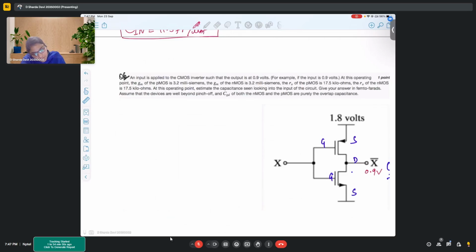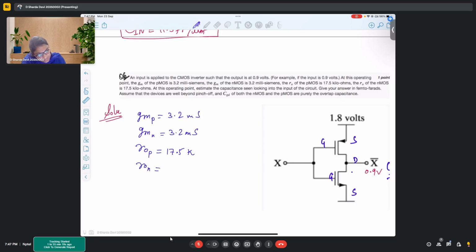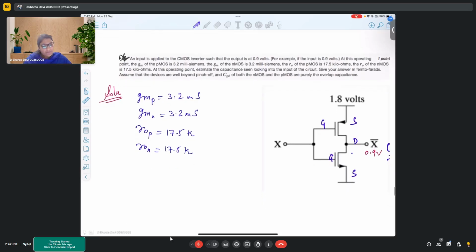At this operating point, gmP is 3.2 millisiemens, gmN is 3.2 millisiemens, r0P is 17.5 kilo, r0N is 17.5 kilo. At this operating point, estimate the capacitance seen looking into the input of the circuit.